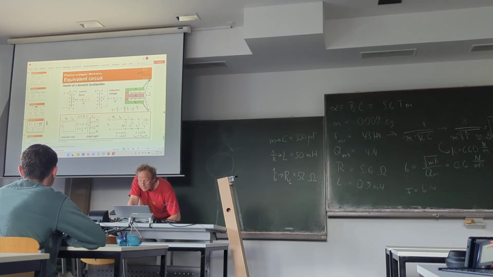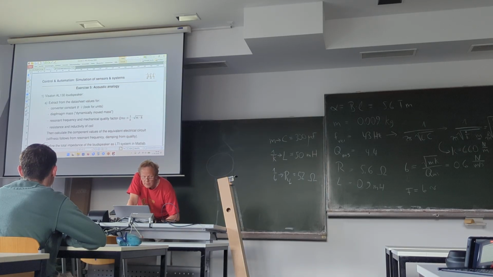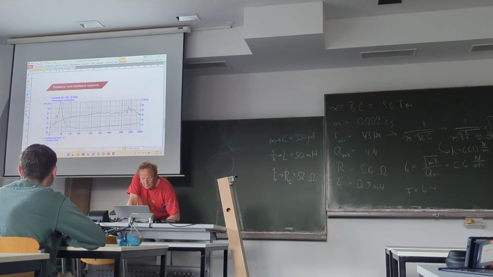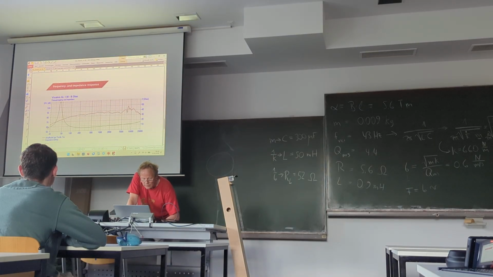And let me see if we can see something like that in the data sheet. I think there are some curves. Yeah. The green curve is impedance, and the units are given on the right side.